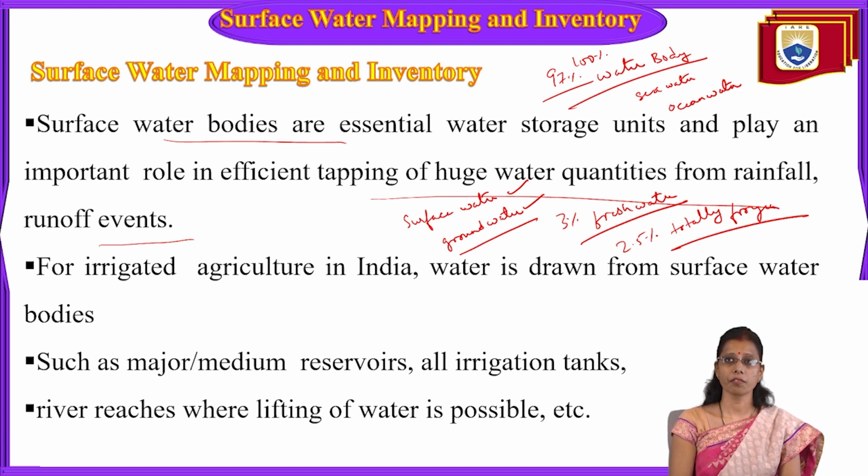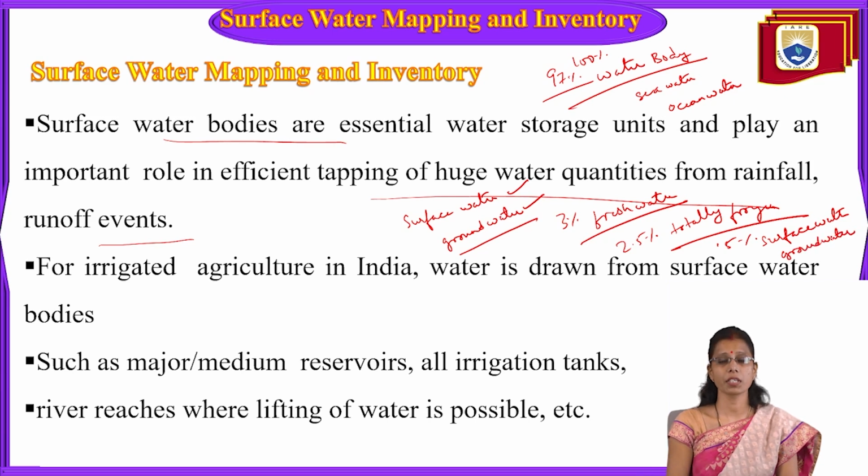Now how much are we left with? We are left with 0.5%. So this 0.5% we have as surface water and as groundwater.